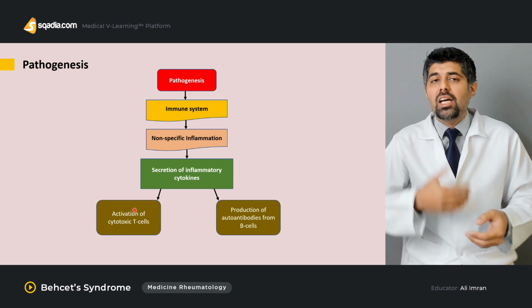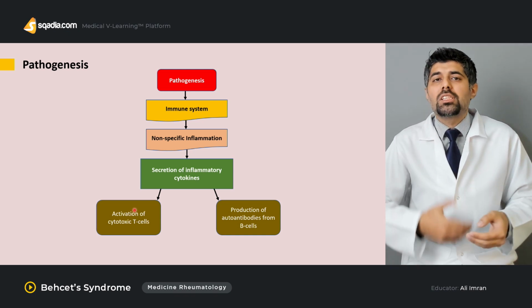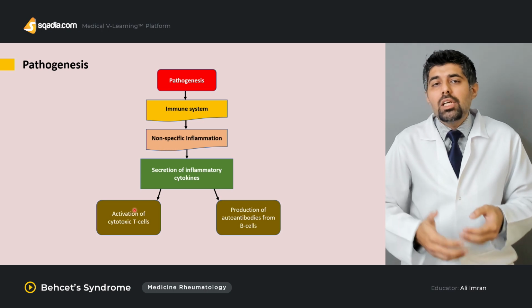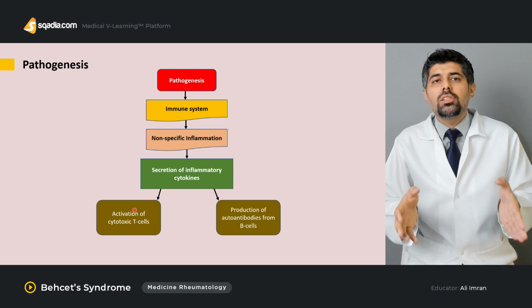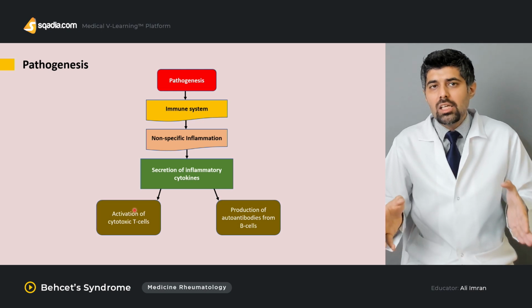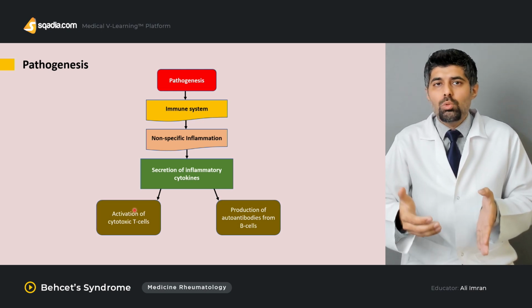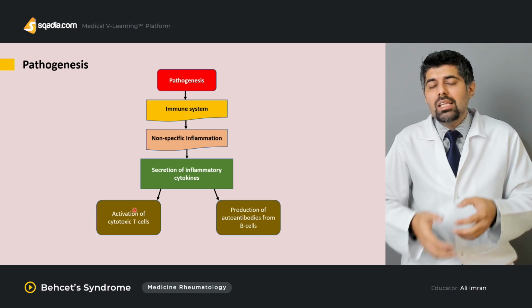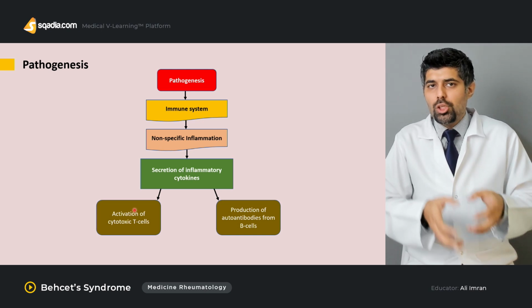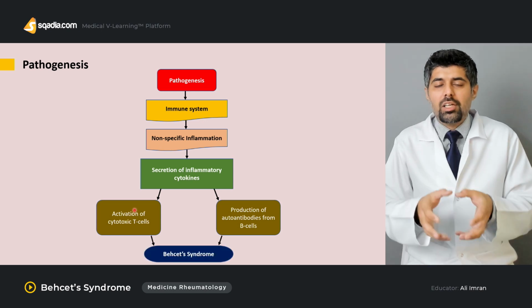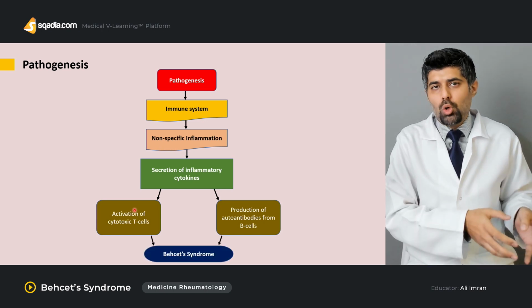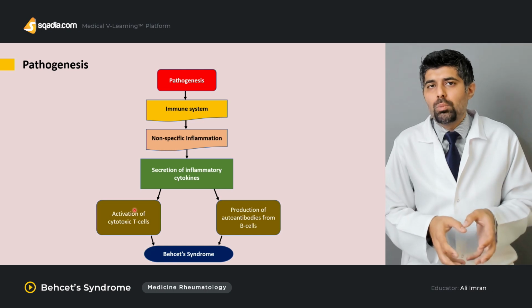And as that cycle turns into a vicious cycle, the endothelium starts to disrupt. And as the disruption of the endothelium extends, it turns into an ulcer. And this ulcer on the mucocutaneous surface is what gives us the characteristic symptomology of the Behcet syndrome.